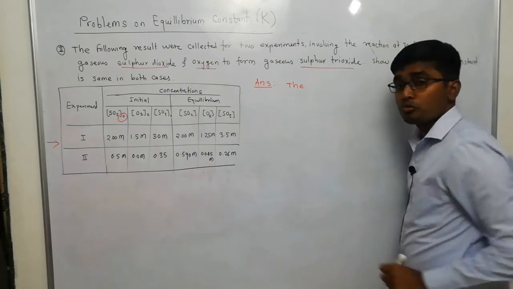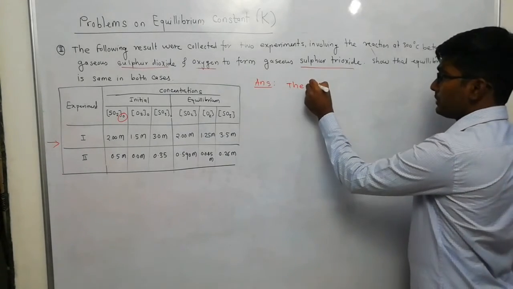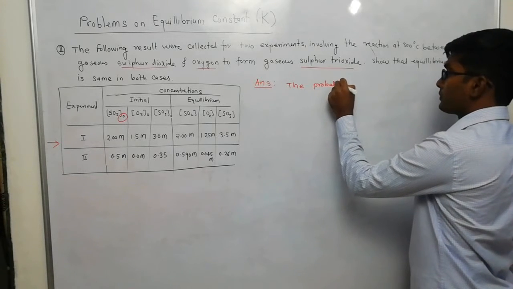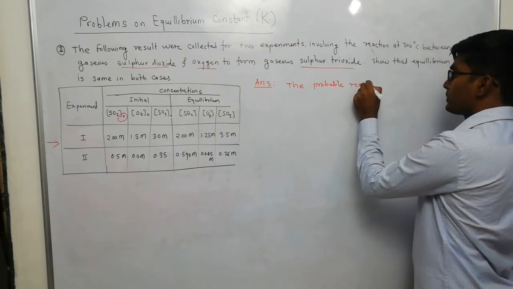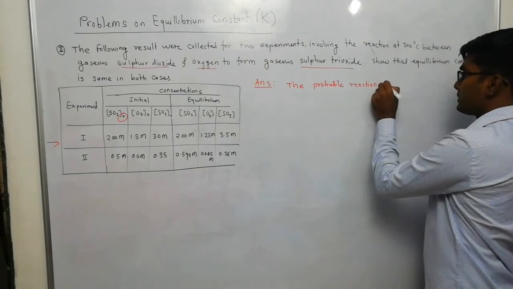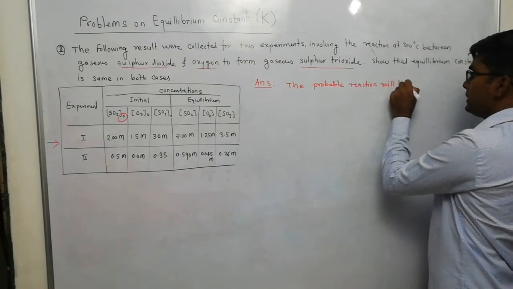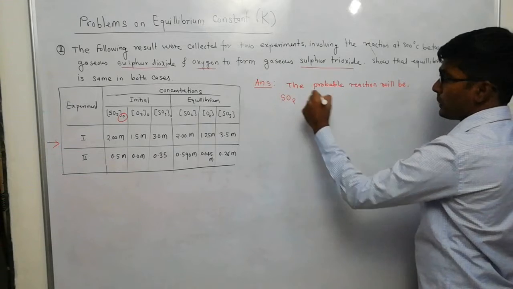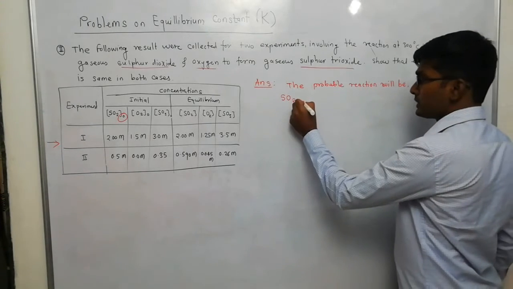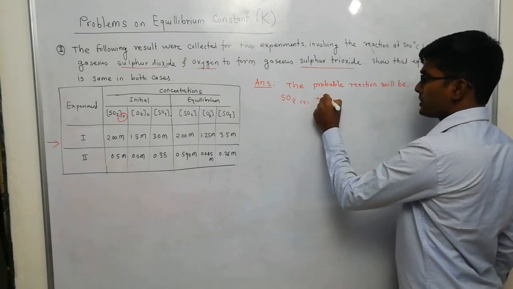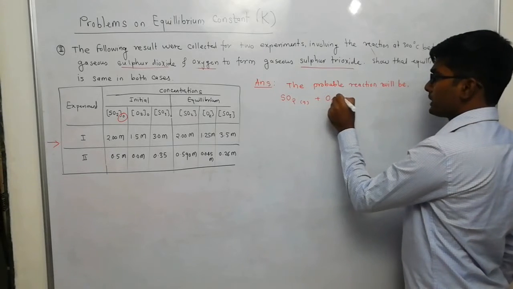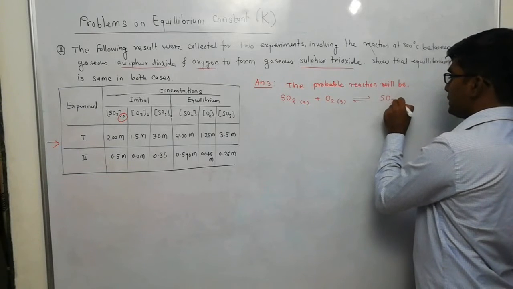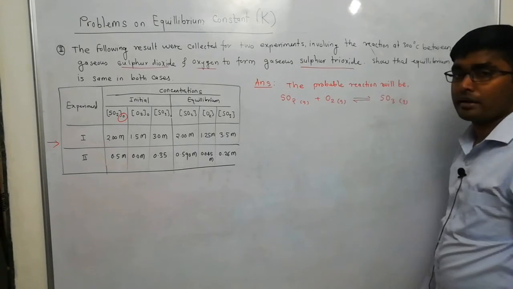The probable chemical reaction will be SO2, in gaseous state, plus O2, also in gaseous state, forming SO3, that is sulfur trioxide.